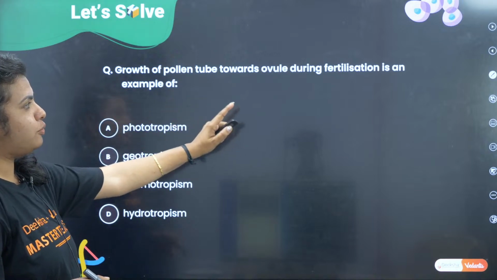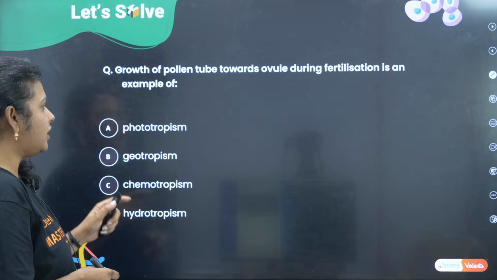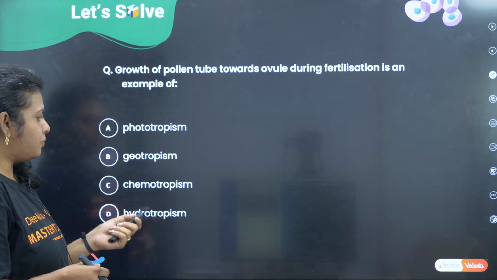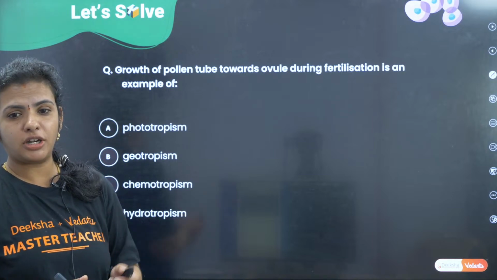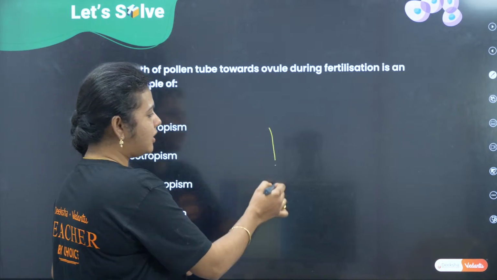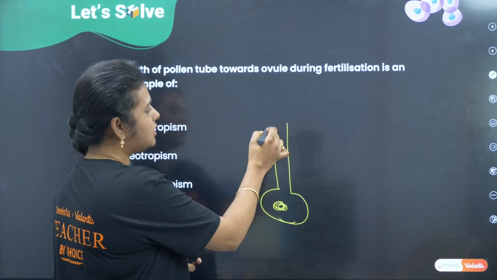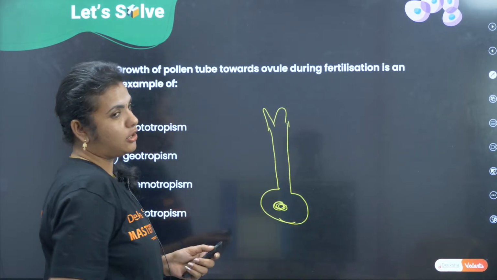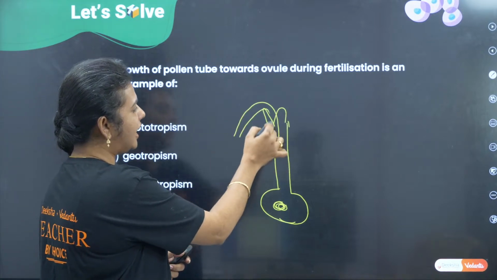Growth of pollen tube towards ovule during fertilization is an example of phototropism, geotropism, chemotropism, hydrotropism. So what is the meaning of this? I have a gynoecium here. This is the stigma, style, ovary and ovule, and there is a pollen grain which is trying to enter inside.